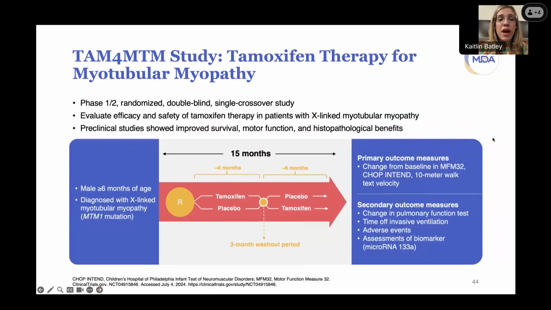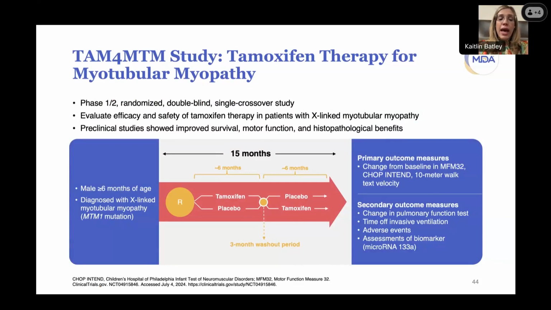And then just briefly on the tamoxifen trial that is starting up. So this is a phase 1/2 randomized double-blind trial. What that means is that some of these patients will receive the tamoxifen, some will receive a placebo drug, and then they'll cross over so that those who receive drug get placebo and vice versa.